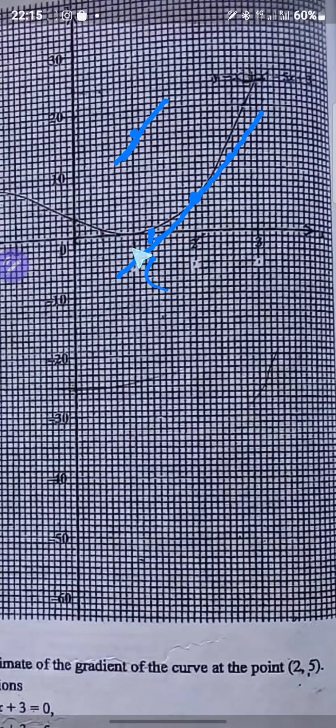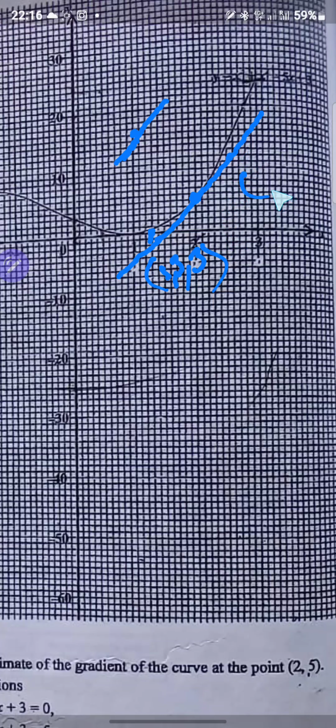Because there are 10 boxes, one small box is 0.1. So this is 1, then 1.1, 1.2, 1.3. So x is 1.3, comma y is about negative 3.